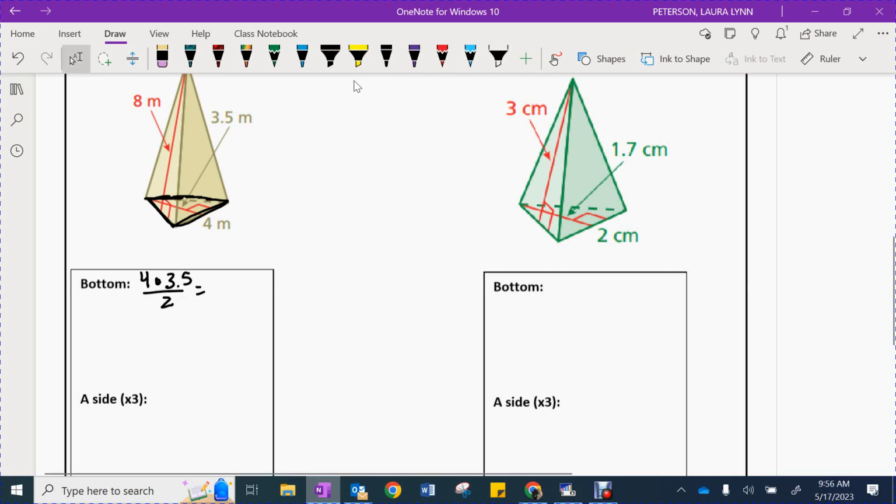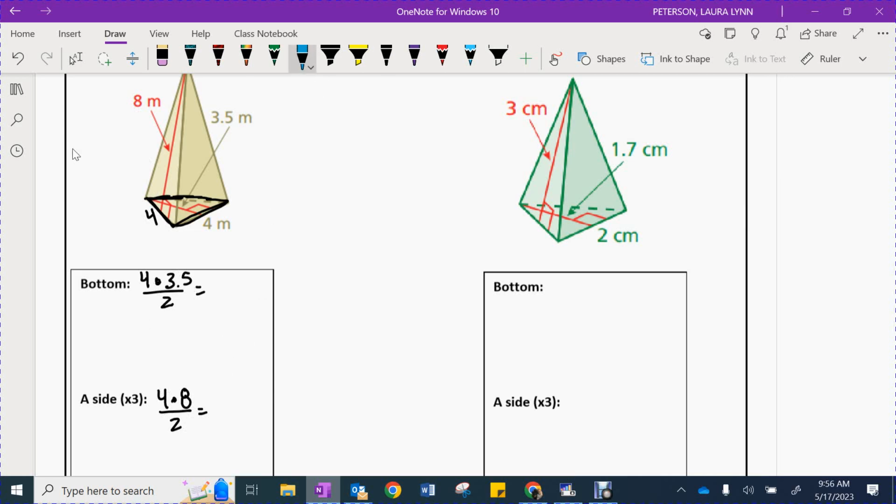Remember with triangles, all of the bottoms are the same side, so this side is also 4. So when I do the side, it'll also be base, which is 4, times your height this time is 8, divided by 2 equals.